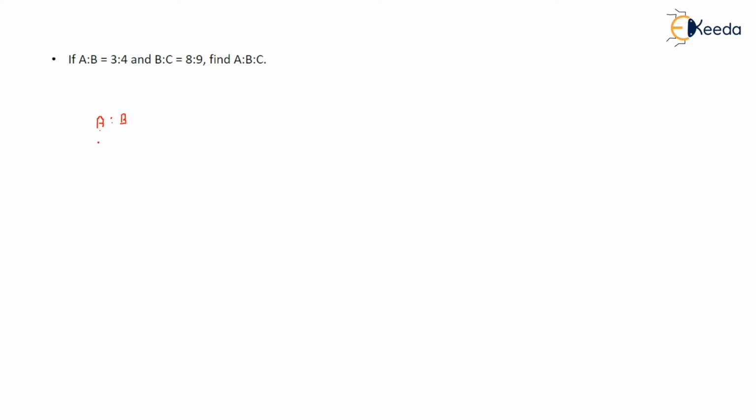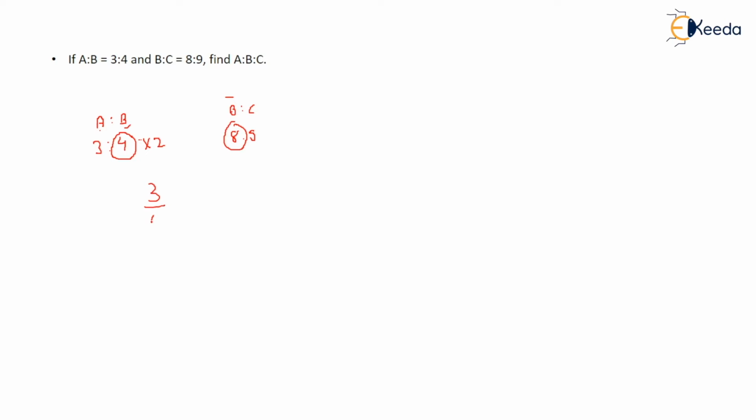Okay. So the value of A by B is 3 by 4 and the value of B by C is 8 by 9. So here what is common? In both the cases B is common. So you have to make B on both sides equal. Here it is not equal. So in order to make this equal, you have to multiply first B with 2, right?